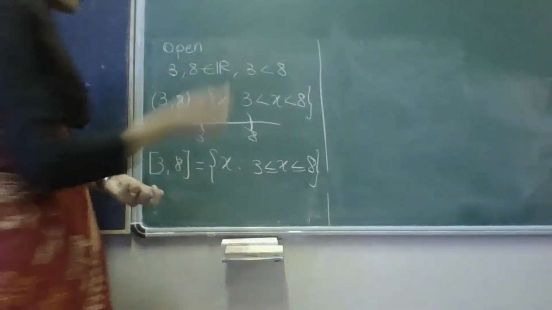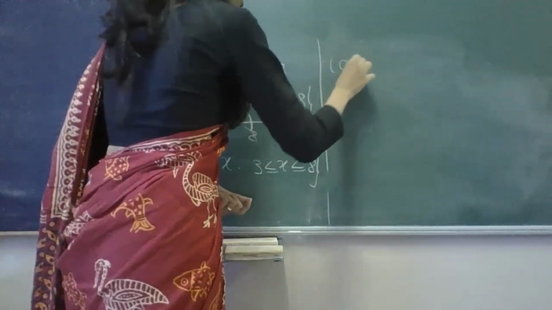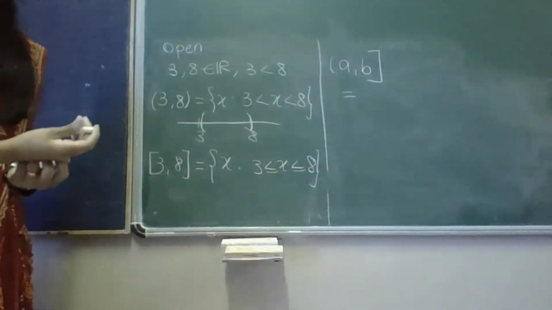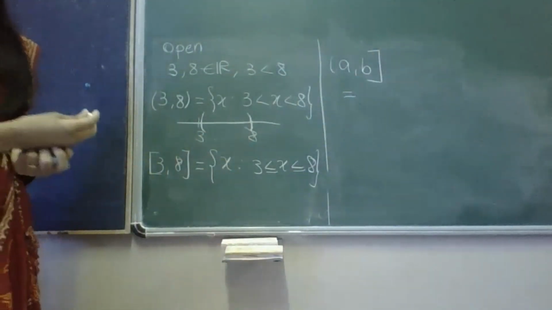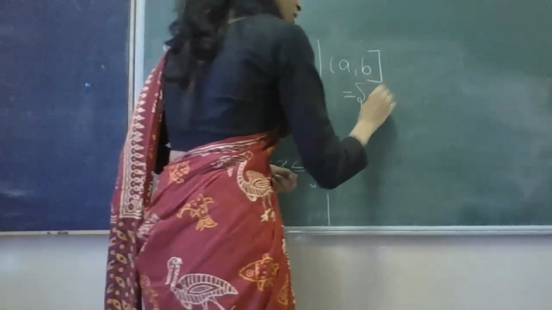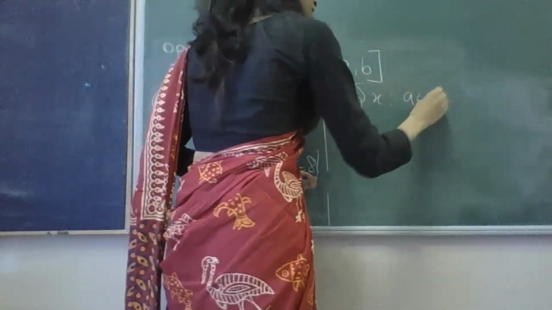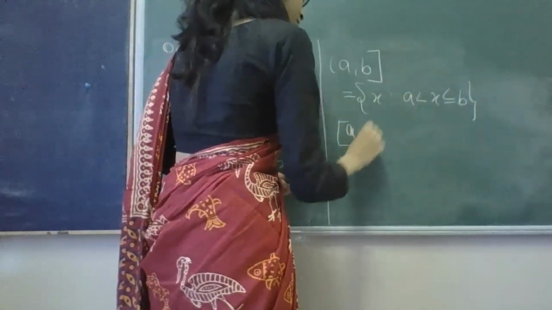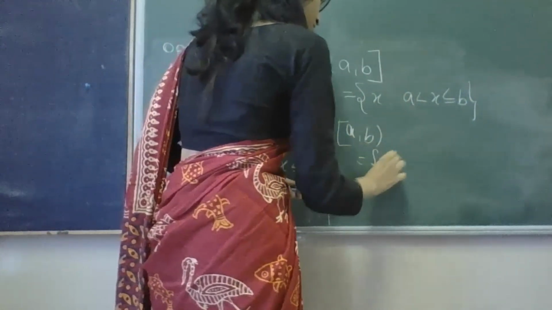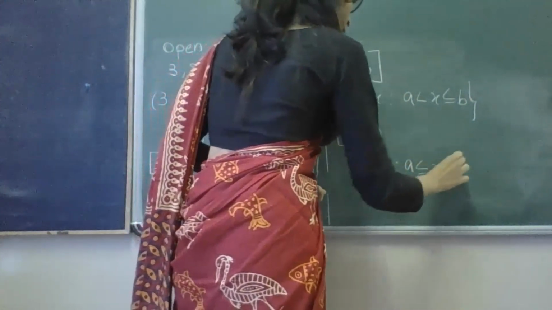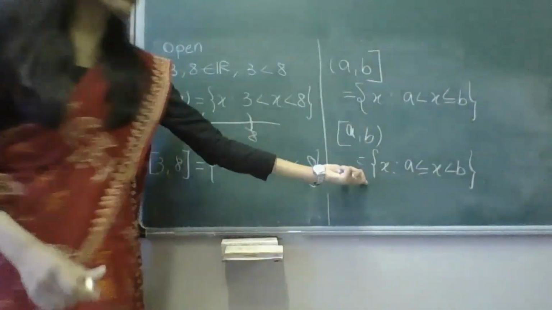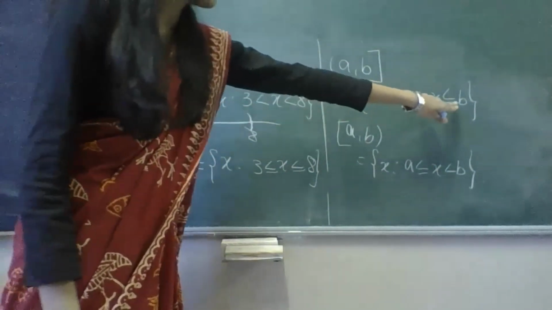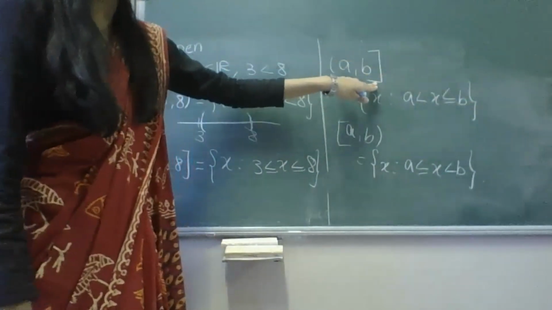On the other side, we also have intervals that are open on one side and closed on the other side. How do we represent this set? This interval can be written as a less than x less than or equal to b, where it is strictly less than on the open side and less than or equal to b because it is closed on the other side.